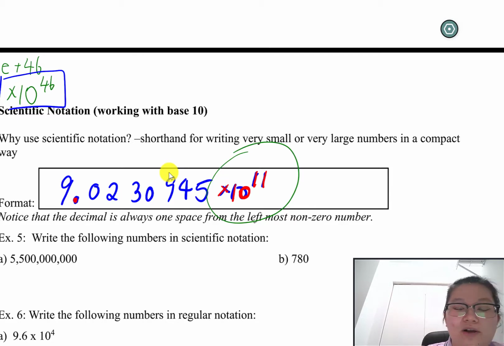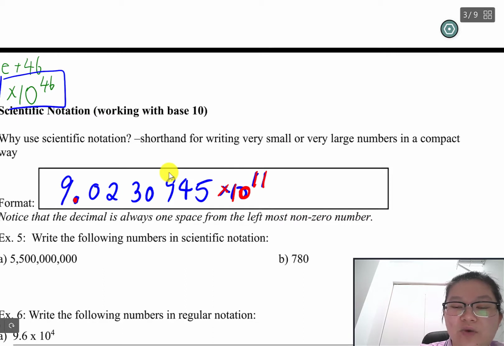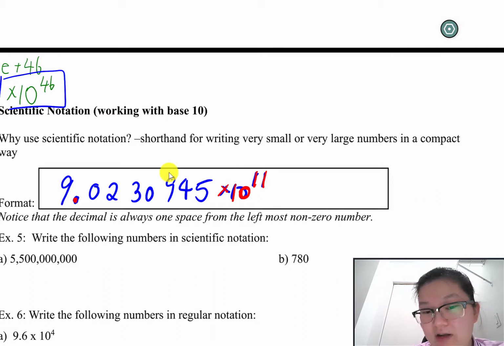Okay? So, how do we convert this to a regular notation, given that we only have one power here? If you think of it as a multiplication sentence, then it's essentially 9.0230945 times 10 with 11 zeros.